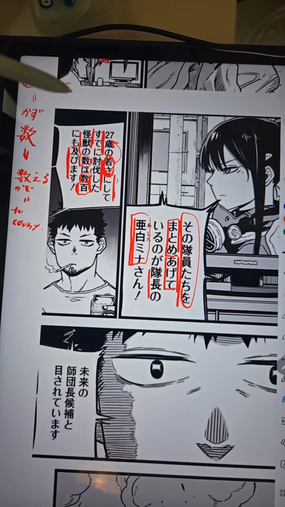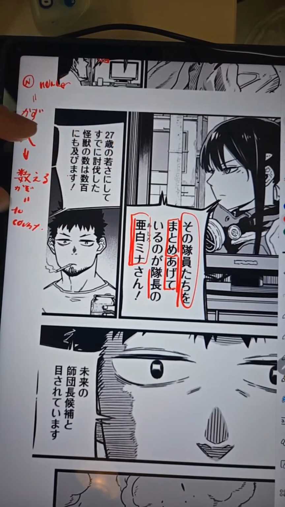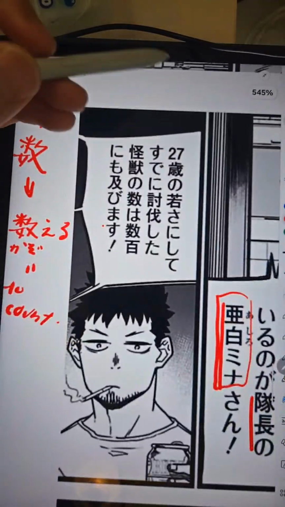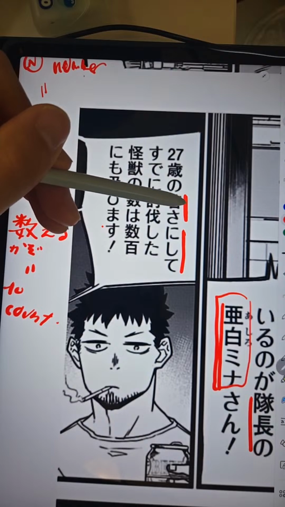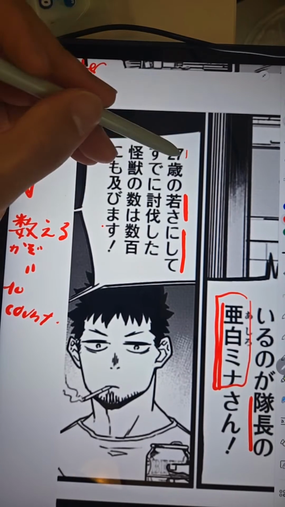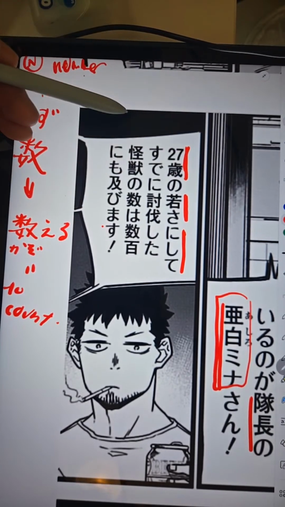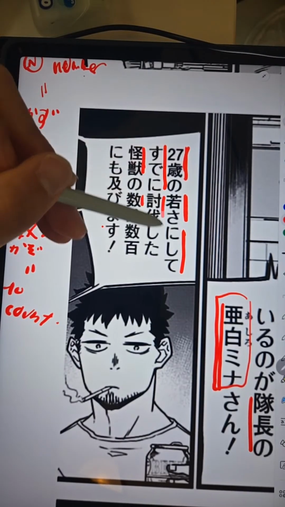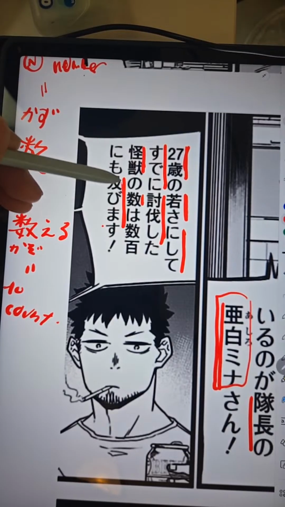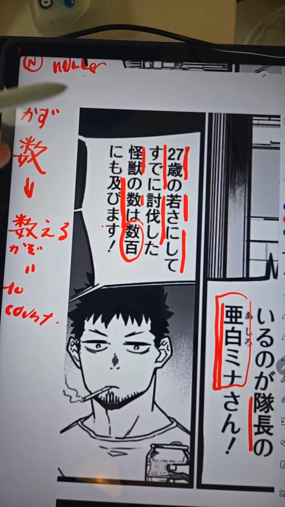So with that, translating this sentence here: with how young she is, with the age of 27, the number of monsters that she has already eliminated reaches a couple hundred.